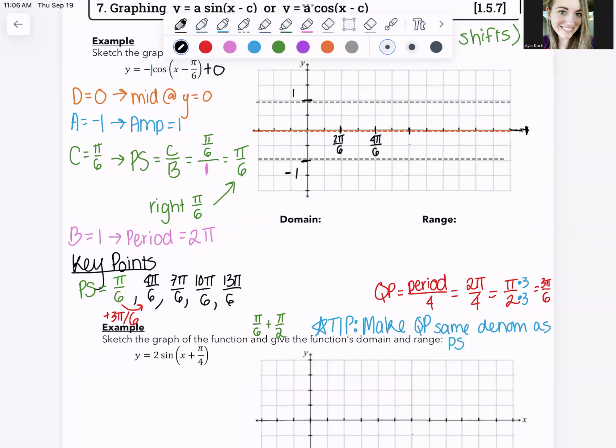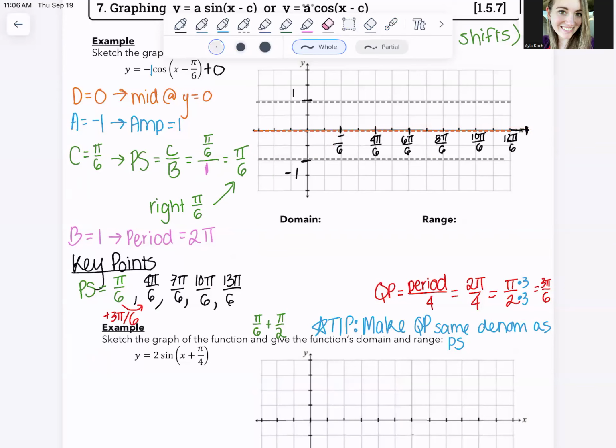This is 6 pi over 6, 8 pi over 6. I'm going to erase this in just a moment. I just want to write this out here so we can, all right. So this is how I'm labeling my axis. I'm counting each of these as a pi over 6. My first one needs to be at pi over 6.